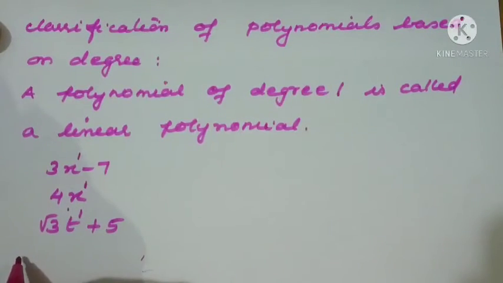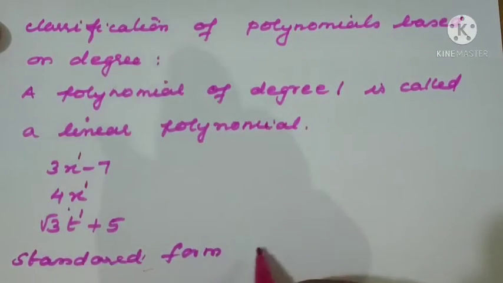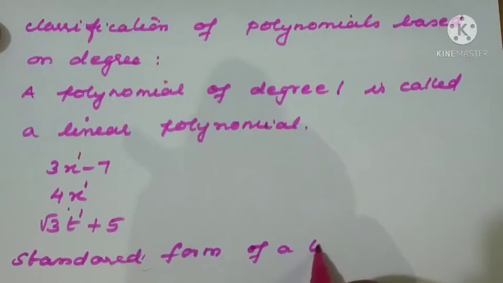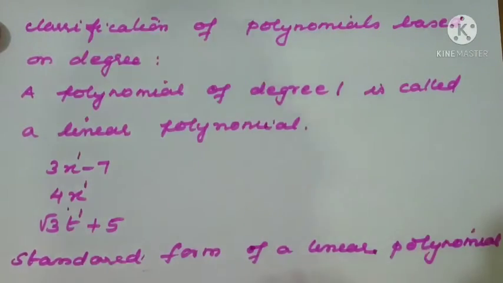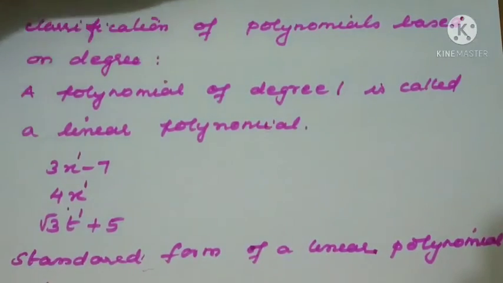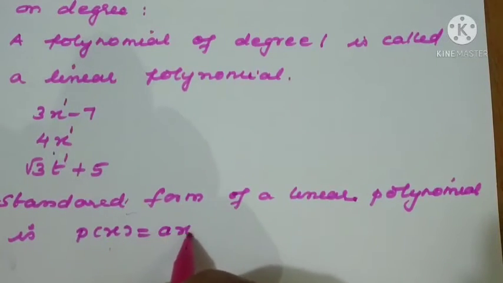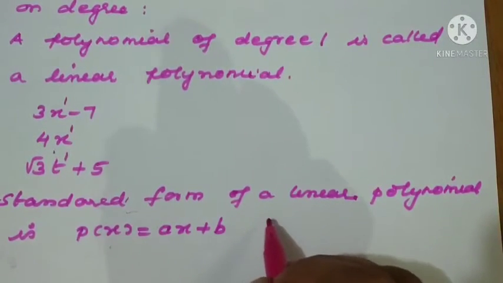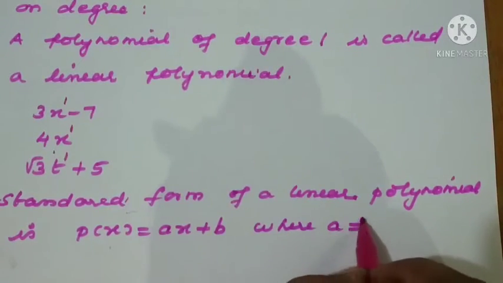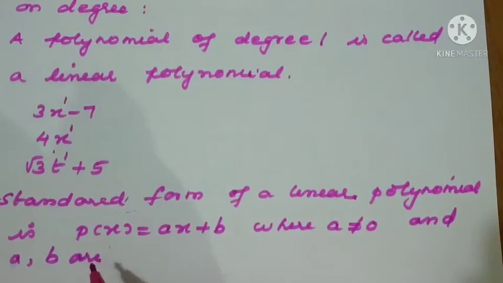Let us write the standard form of a linear polynomial: p of x equal to ax plus b, where a not equal to 0, and a and b are constants, or we can say real numbers.